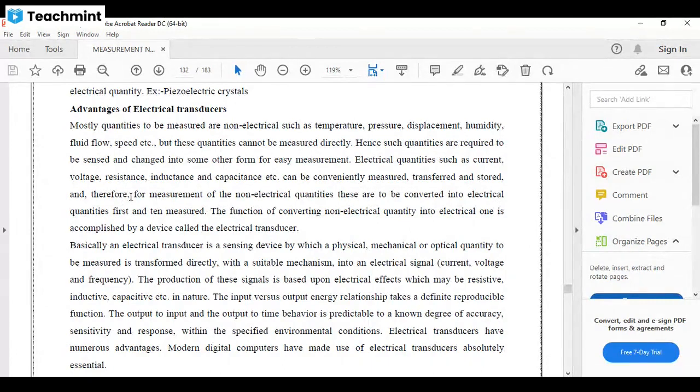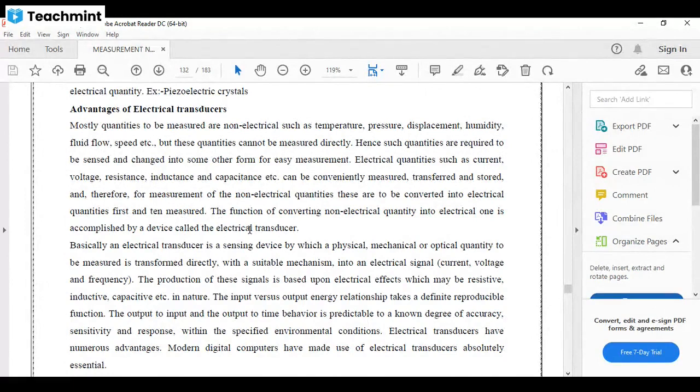Therefore, for measurement of a non-electrical quantity, it is first converted into an electrical quantity and then measured. The function of converting a non-electrical quantity into an electrical one is accomplished by a device called an electrical transducer.